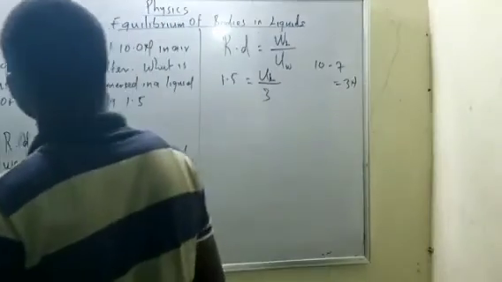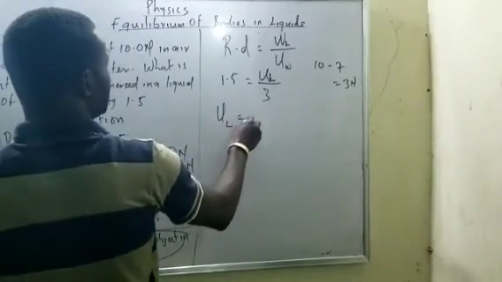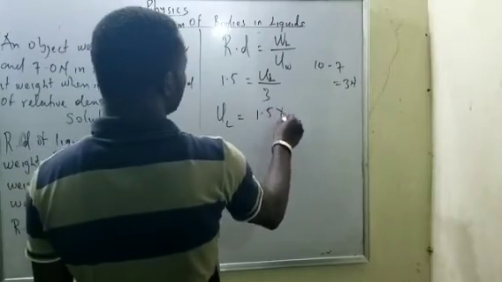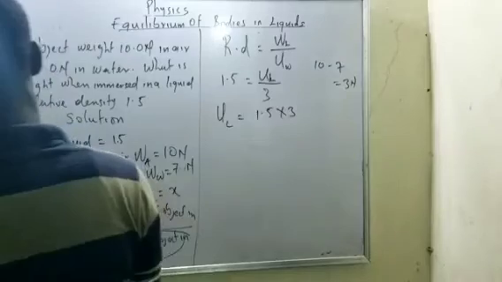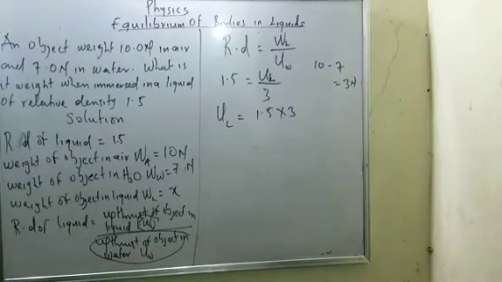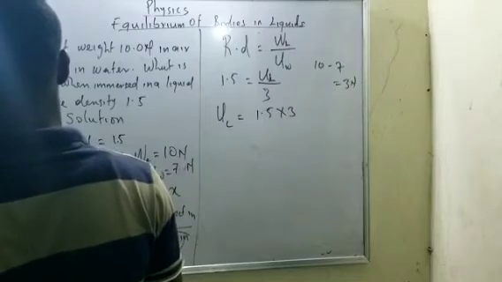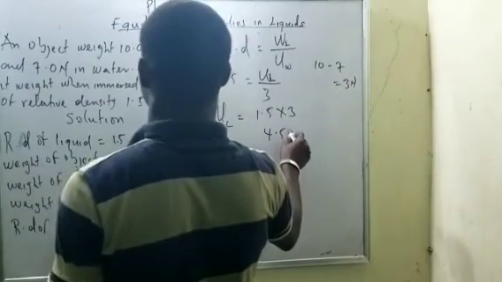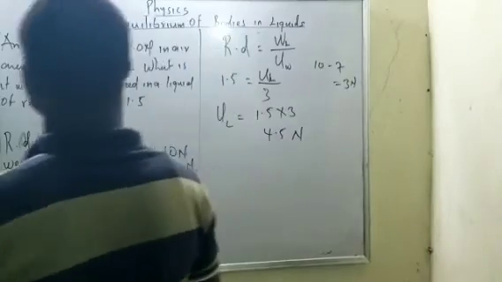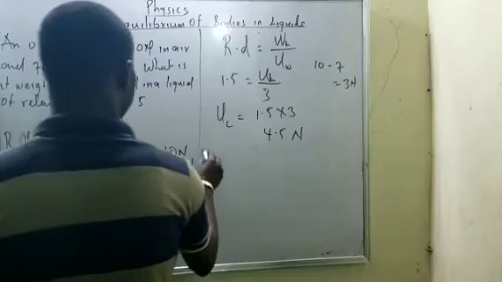It means I can say that my U of L equals 1.5 multiplied by 3. With my calculator, I have 4.5 Newton.